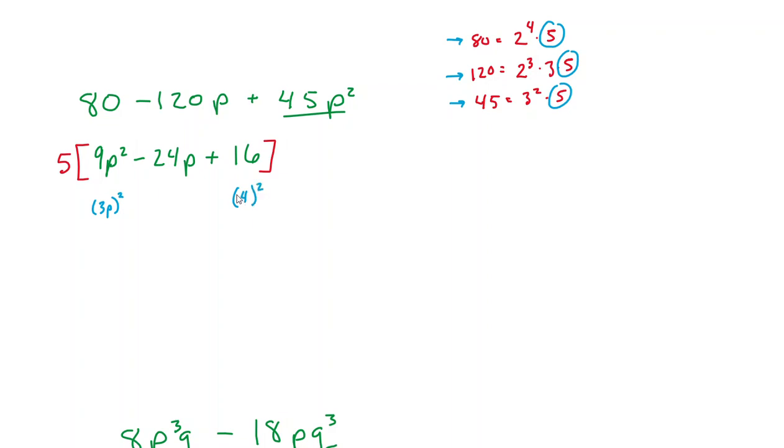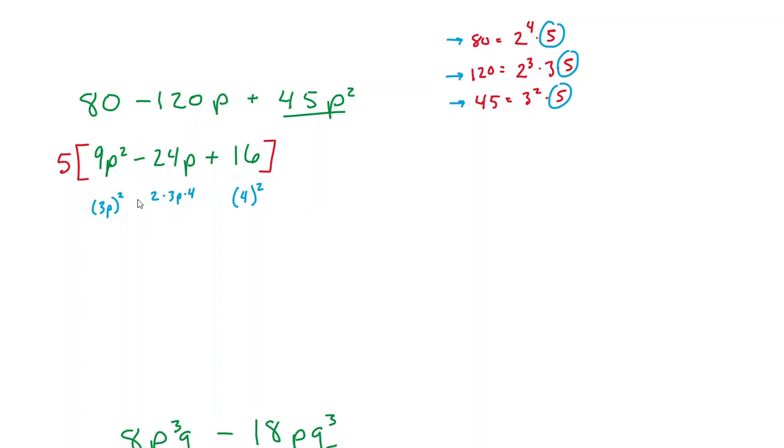Now I'm getting a little bit excited because it seems like this might fit one of my patterns. If this middle term is 3p times 4 times 2, then it's going to fit into that binomial square pattern. So 2 times 3 is 6, times 4 is 24.